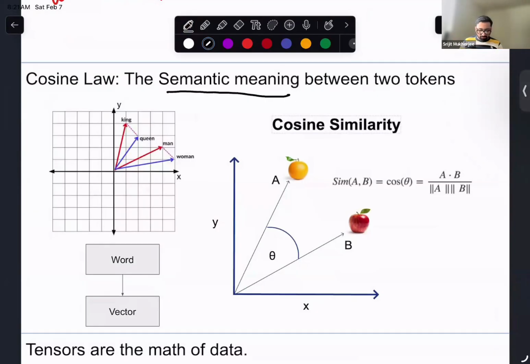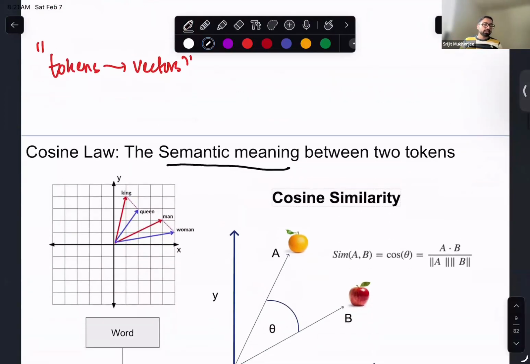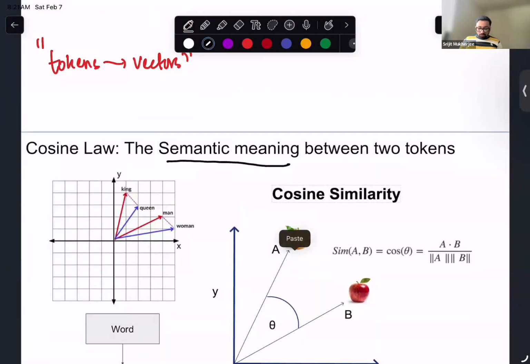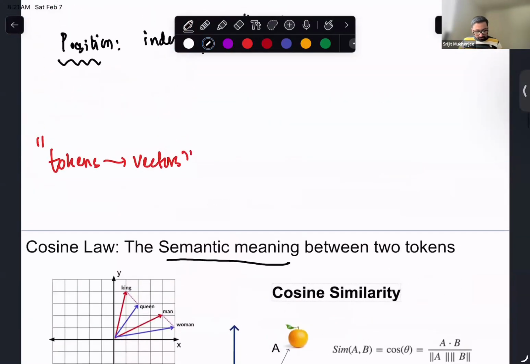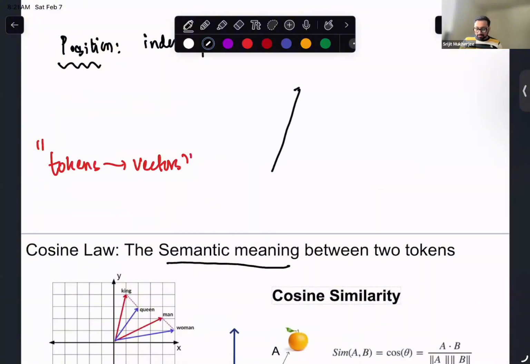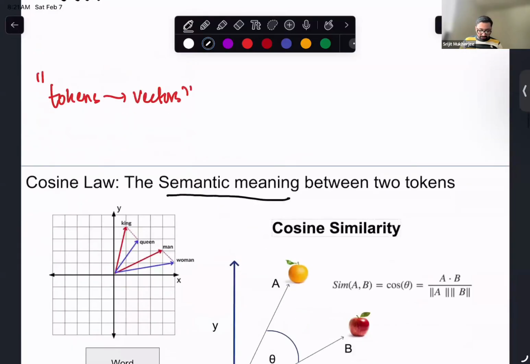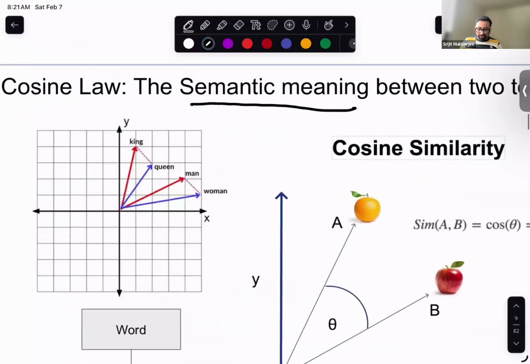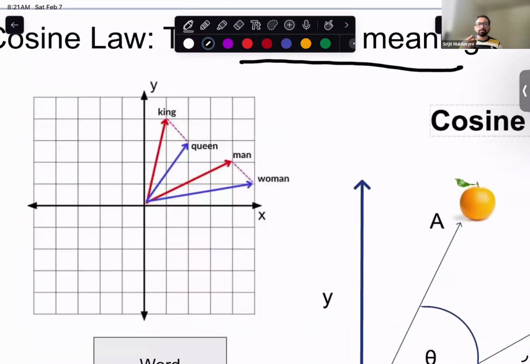That is what cosine law does. For example, let's take this example here. Let's say you have this vector called king. I'm understanding in 2 dimensions. You have this vector called king, and you have this vector called queen, a vector called man, and a vector called woman.